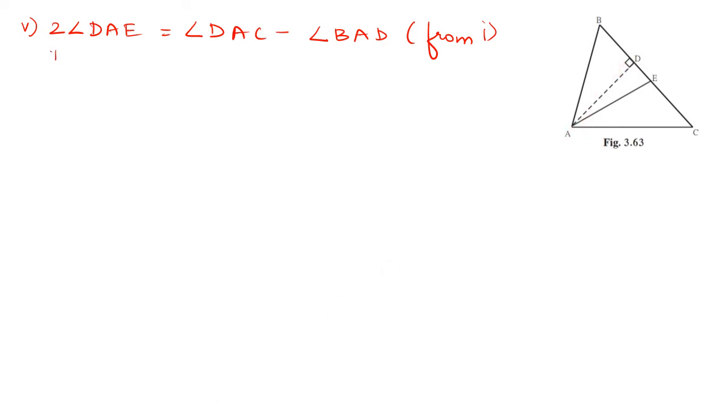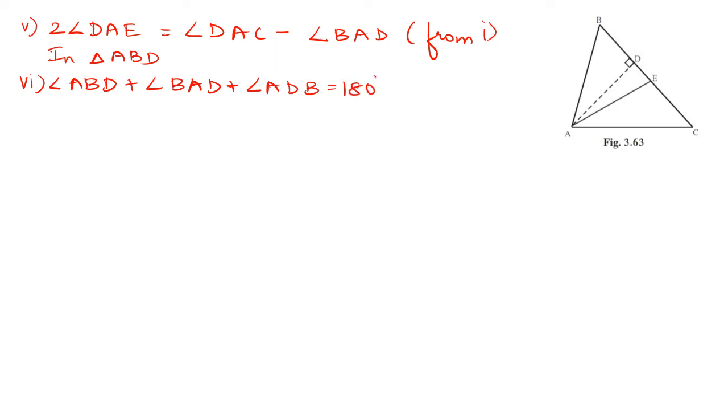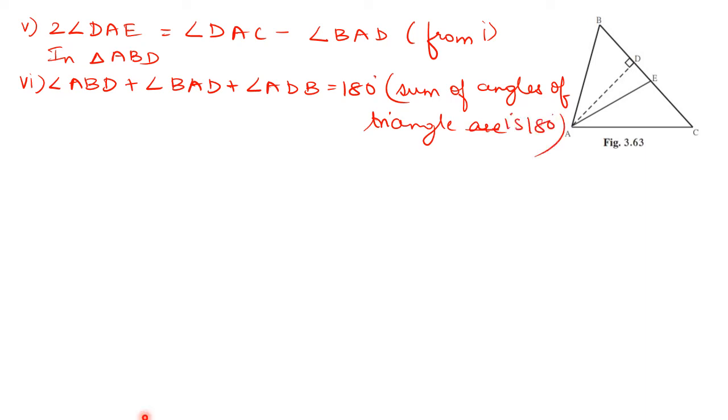So in triangle ABD, angle ABD plus angle BAD plus angle ADB is equal to 180 degree. What is the reason? Sum of the angles of a triangle is 180 degree.